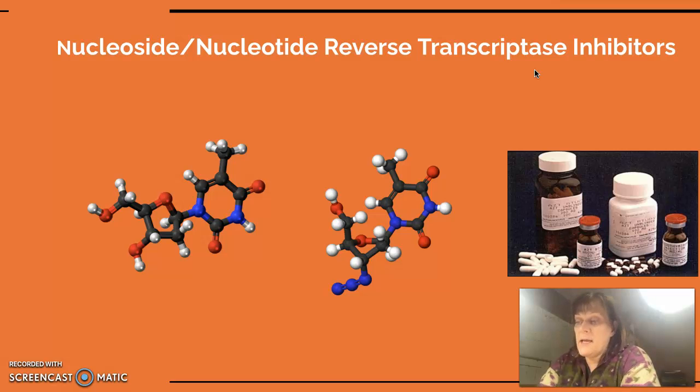AZT is a thymidine analog, and on the far left here is the thymidine molecule, and in the middle picture is the AZT.